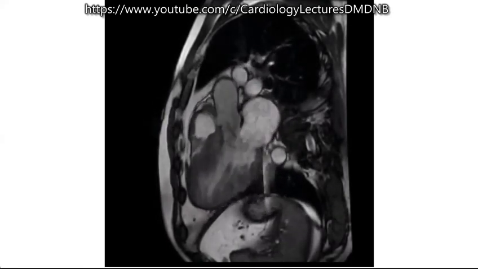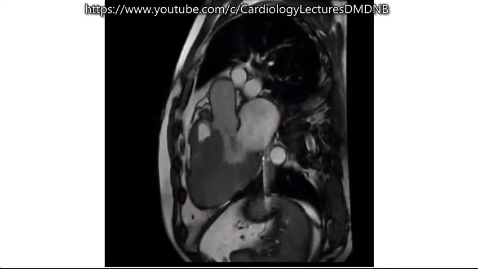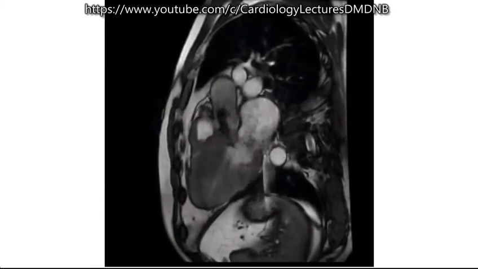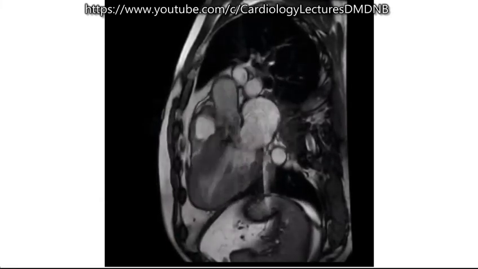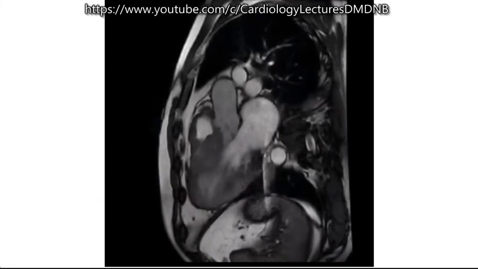This is a cardiac MRI, CMR, for diagnosis, and what is the value of CMR in such patients? HOCM. Yes, very good.